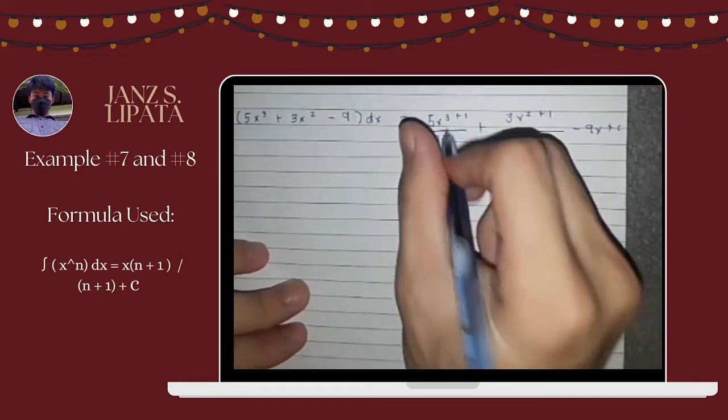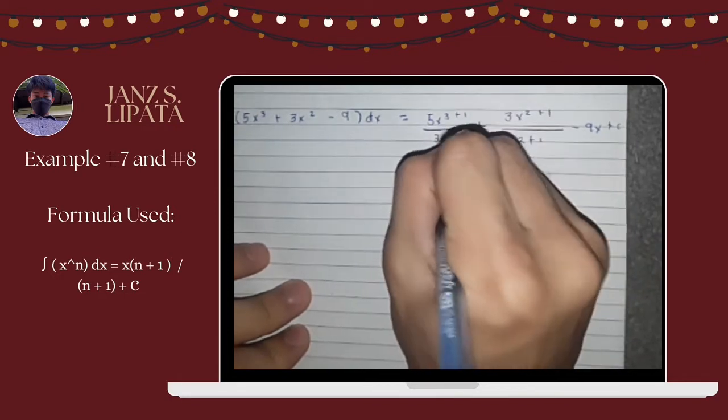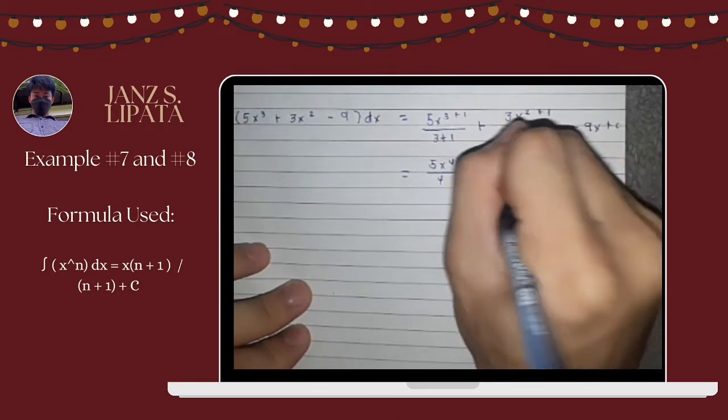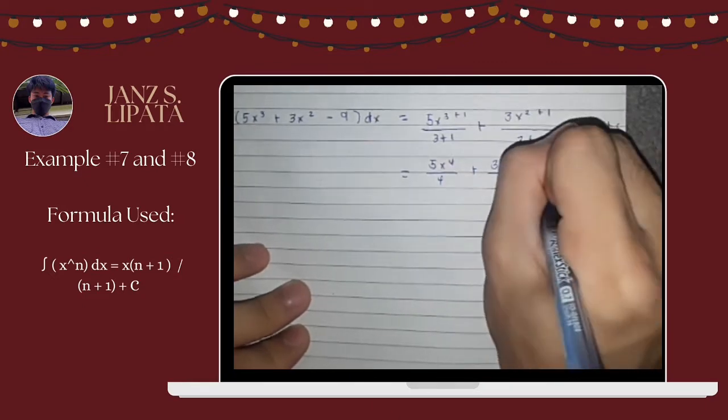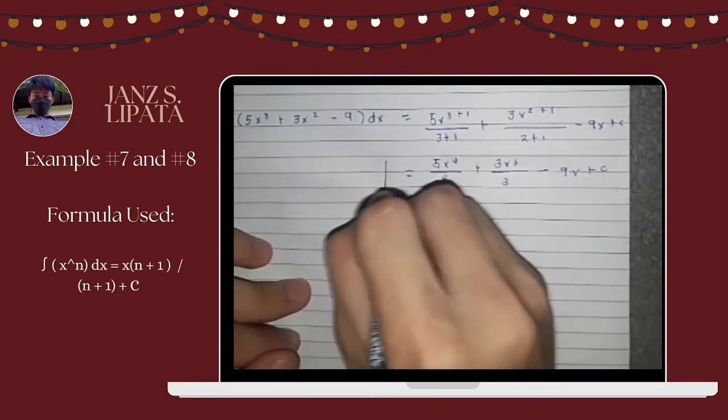Then simply add: 5x to the fourth power over 4 plus 3x cubed over 3 minus 9x plus c, and that's the answer.